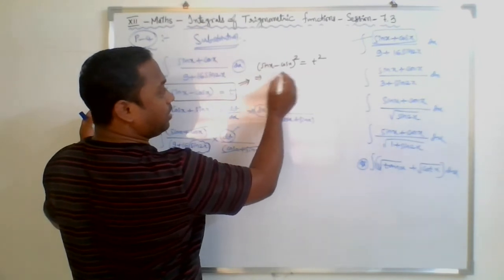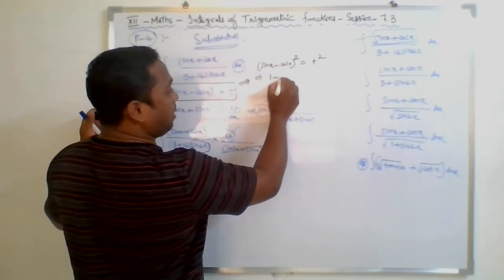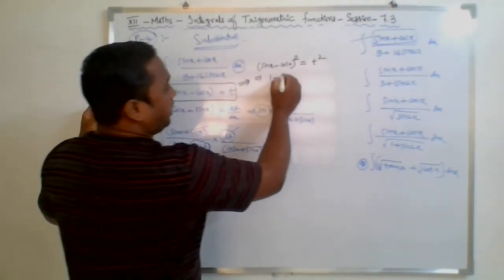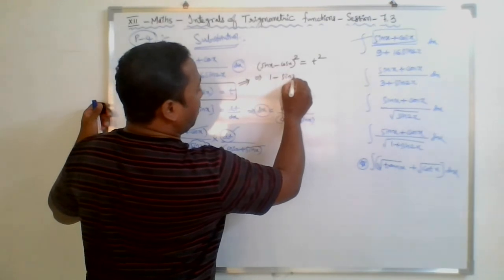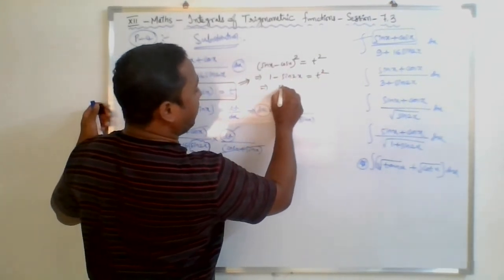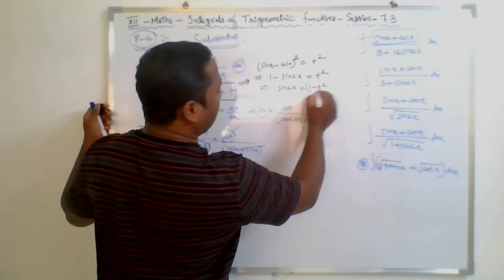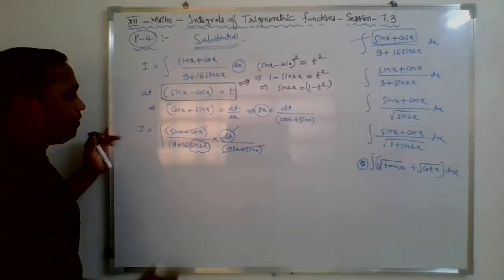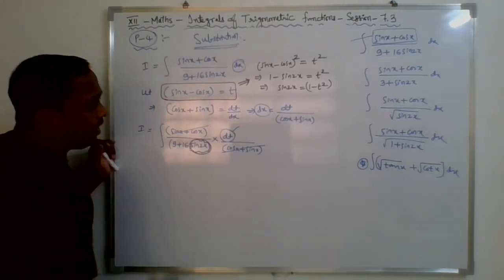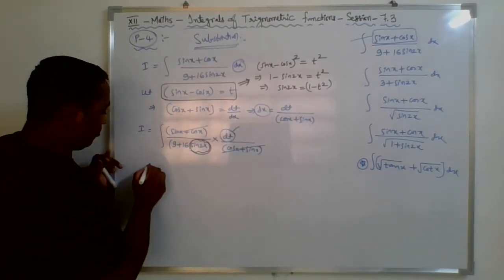By opening with the identity, sin square x plus cos square x will become 1 minus 2 sin x cos x, that is converted into sin 2x, is equal to t square. Then sin 2x can be written as 1 minus t square. So finally sin 2x is going to change as 1 minus t square.